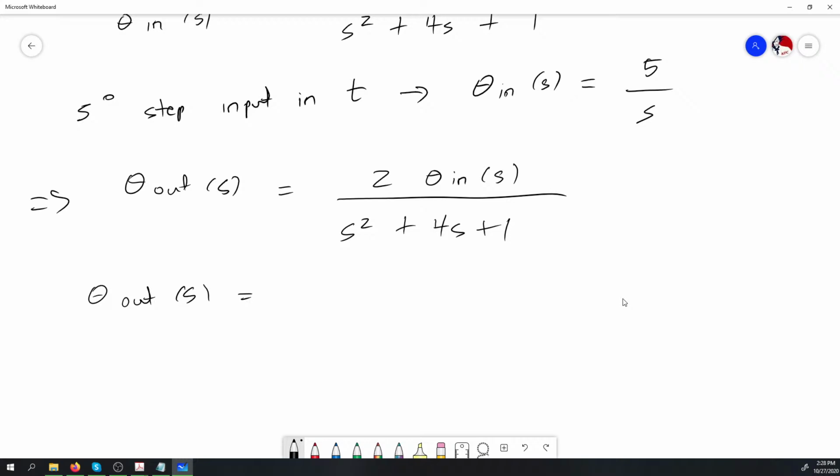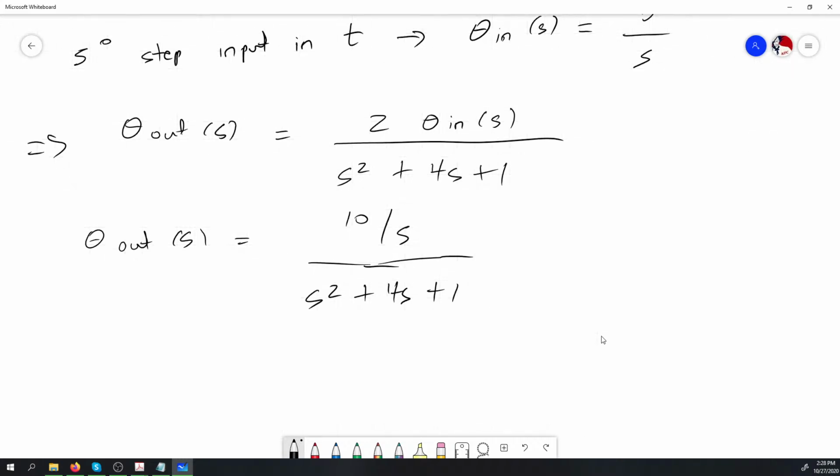So this now becomes 10 of s squared plus 4s plus 1. And we rectify this into a proper fraction. This here is going to be 10 on s into s squared plus 4s plus 1.